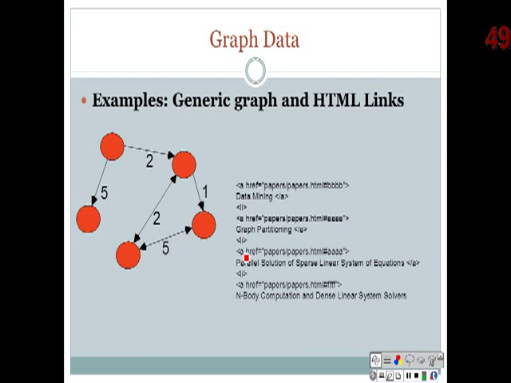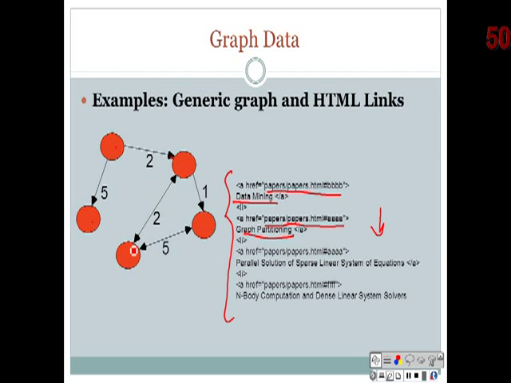The graph data: if you have a website, look at the hyperreference of this page, which has the title data mining, and this is a hyperreference of the second page that is linked to graph partition, etc. Those pages are represented as nodes, and instead of the name of the page, they have been numbered.